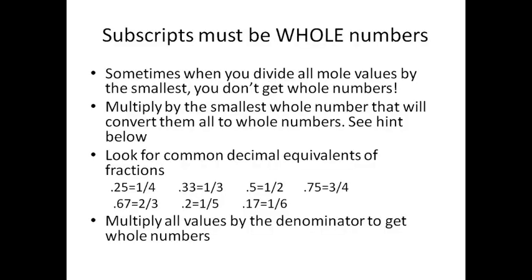So let's do it. Some of the things you'll have to look for in order to do this are as follows. Sometimes when you divide all the mole values by the smallest, you do not get whole numbers. You get some decimal equivalent of a fraction. In that case, you have to recognize the fraction and multiply by the denominator to get rid of the denominator. So for instance, if you get 0.5, you can recognize that as 1/2, the decimal equivalent of 1/2.